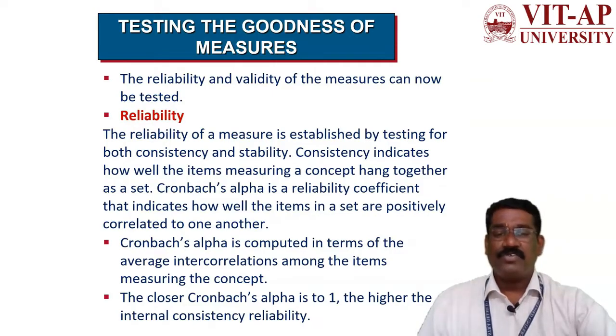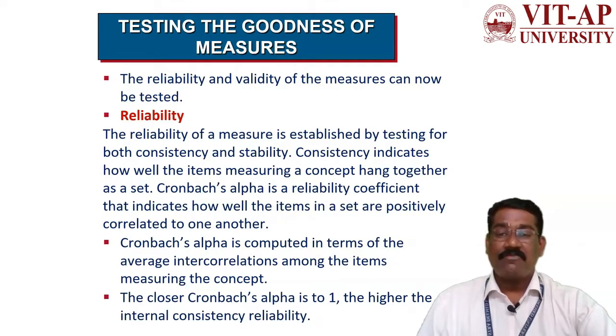Let's talk about service quality. We have five dimensions and 22 variables, developed by Parasuraman and Zeithaml in 1988. You can Google it. You will get that questionnaire, which has 22 items and five dimensions, and it is measuring a concept called service quality.